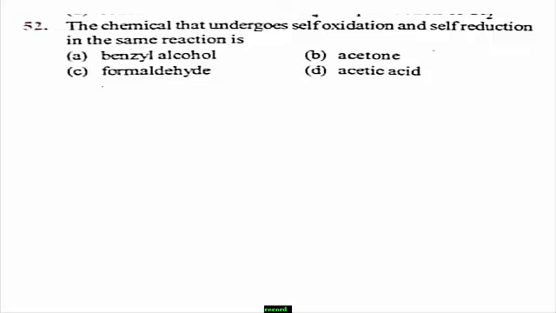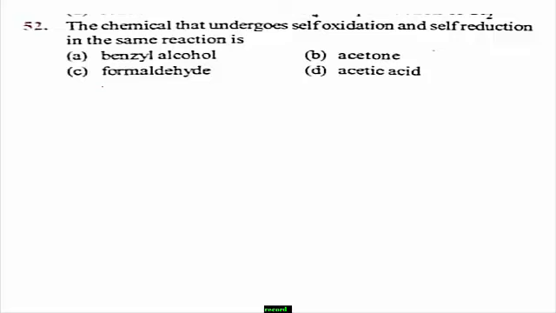What is the question? The chemical that undergoes self-oxidation and self-reduction in the same reaction. Students, you know, oxidation means addition of oxygen, and reduction means addition of hydrogen and removal of oxygen.